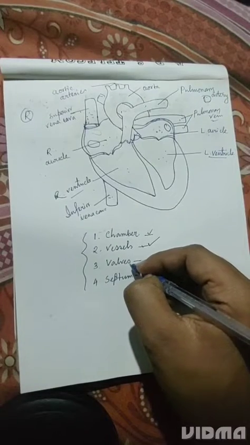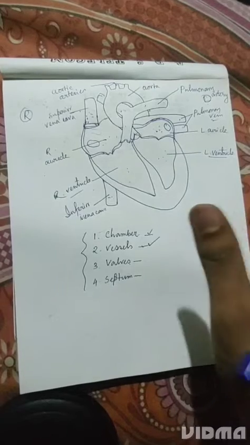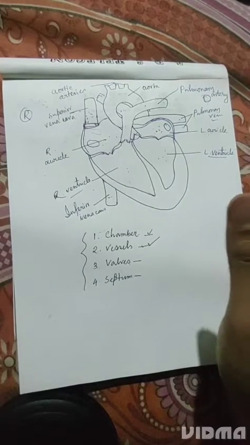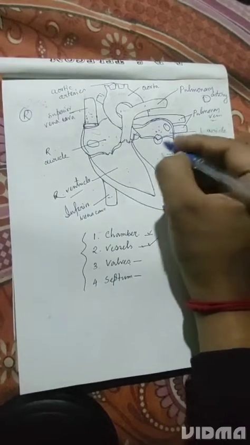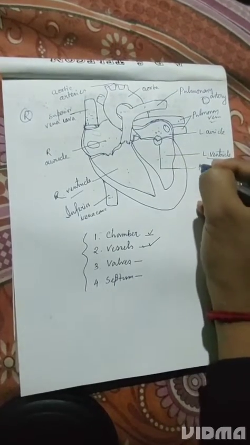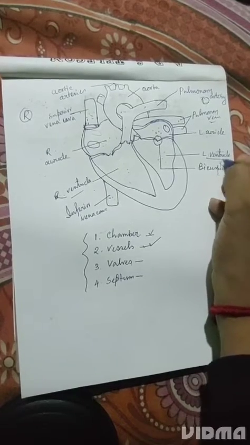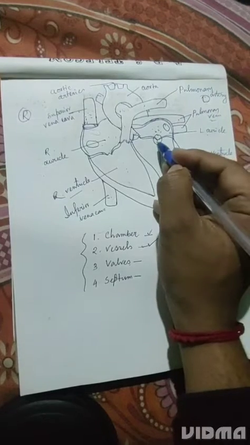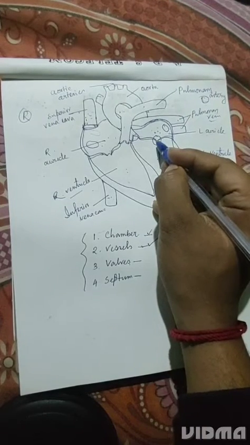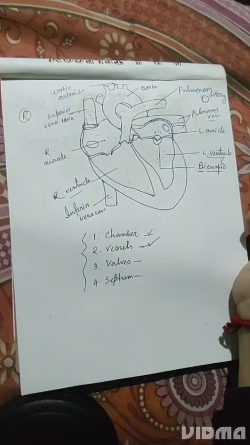Now the valves. There are mainly four valves we can see in a mammalian heart. First of all, this one is called a bicuspid valve. Why bicuspid? It has two cusps, or you can say flaps. That's why bicuspid.